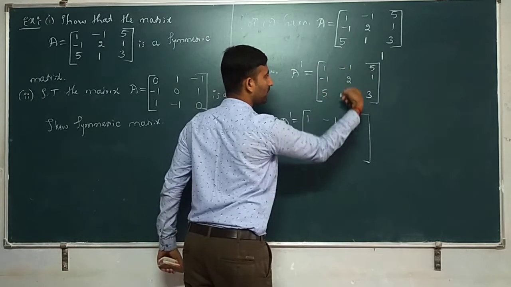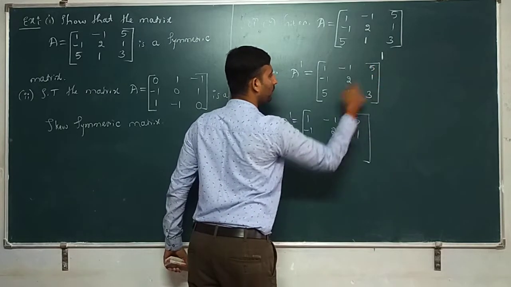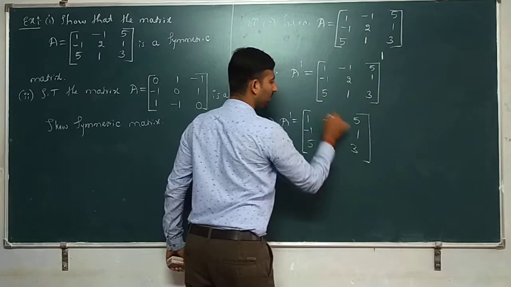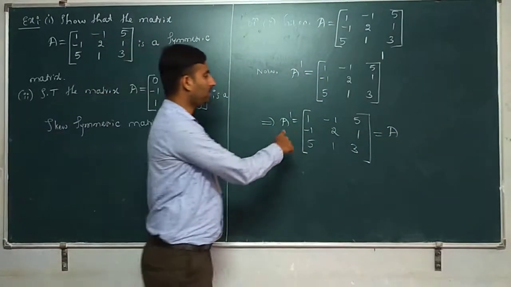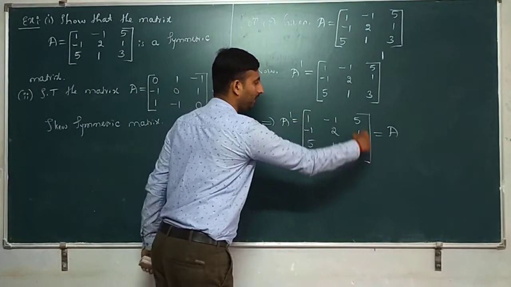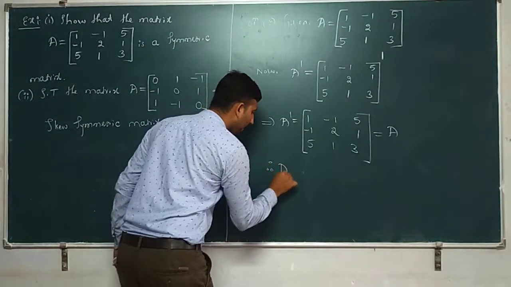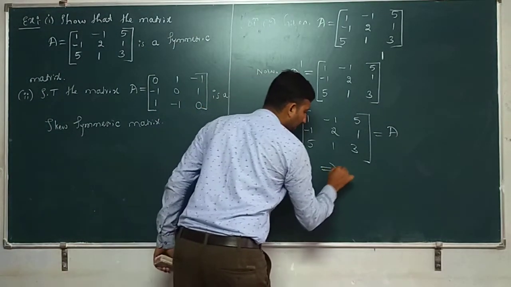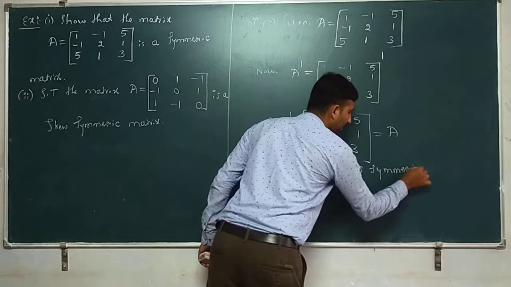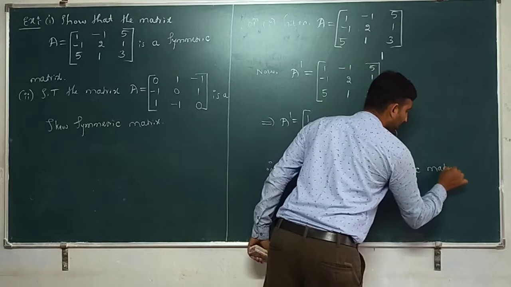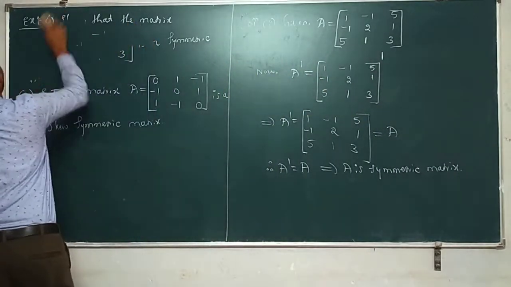Minus 1 2 1, which is a column, now becomes a row. 5 1 3, which is a column, now becomes a row. What is this value? This value is nothing but A. Correct? Because A dash is equal to A, since the given matrix itself is A. Therefore, A dash is equal to A, which implies A is a symmetric matrix.